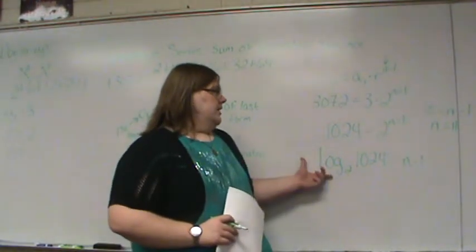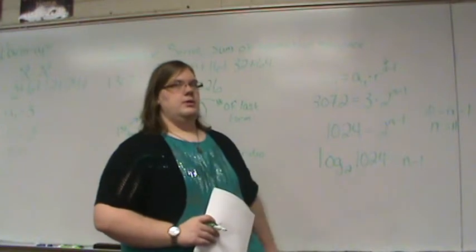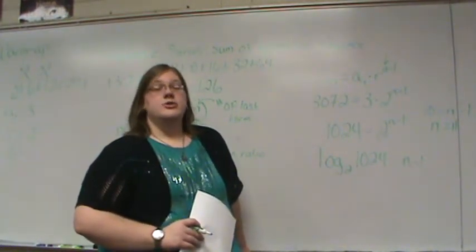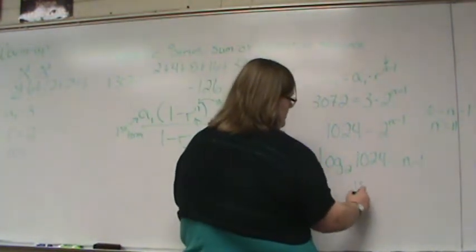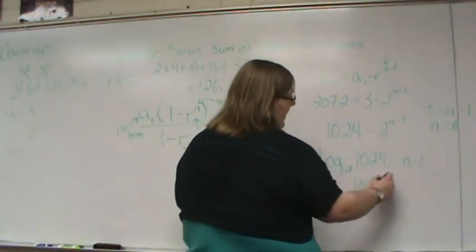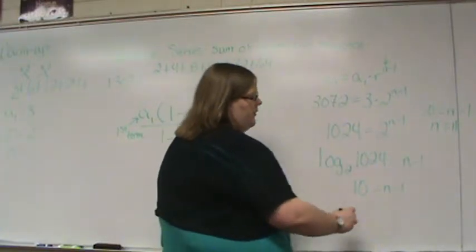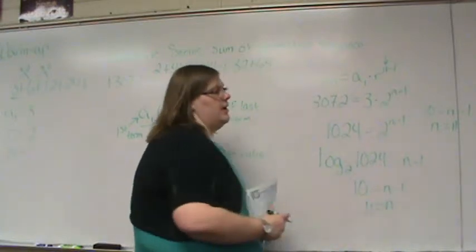So now you would plug this log base 2 of 1024 into your calculator. And you should get that same 10. And that still equals our n minus 1. So again, you get that 11 equals your n.